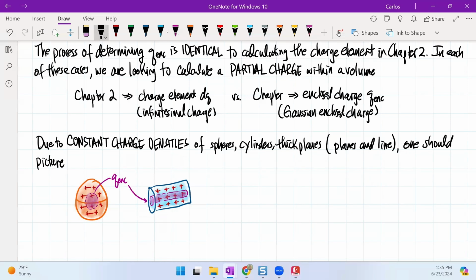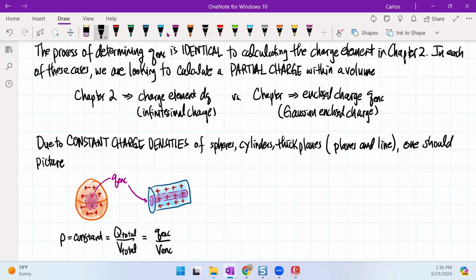So if we're talking about these volumes, then we have a charge density, which is a constant, and very similar to chapter 2, we say, what's the total charge divided by the volume of the object. And then we focus on just a tiny bit of partial charge, and we look at the enclosed volume and how much charge is in that enclosed volume.